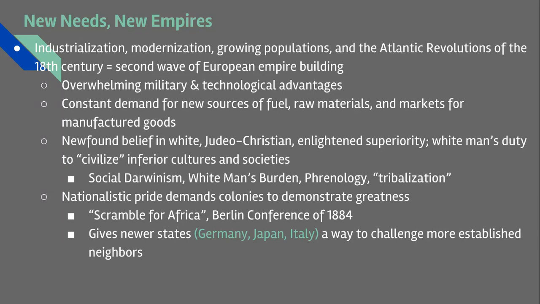And in the 19th century, a lot of people in the industrialized world, especially in Western Europe and the Americas, begin to believe that white Judeo Christian enlightened culture and white Judeo Christian enlightened people are the superior race or master race on planet Earth.